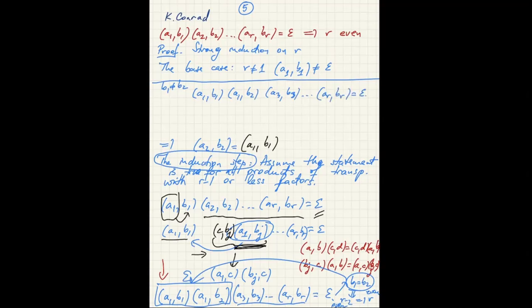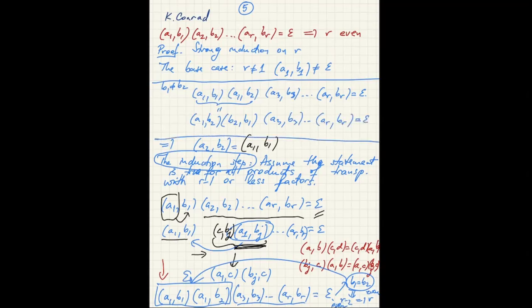Okay. Then what we do is we rewrite the first part. So the first part can be rewritten, and again, this is not too hard, and I leave it as an exercise for you, as A1, B2 times B2, B1, and you keep the same things for the remaining part, AR, BR, and so on.